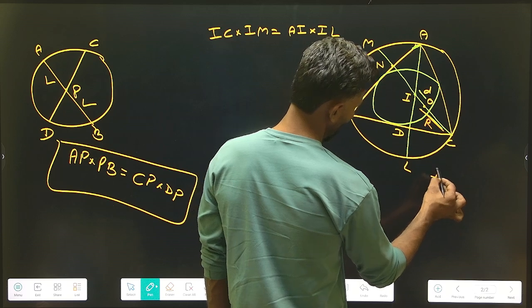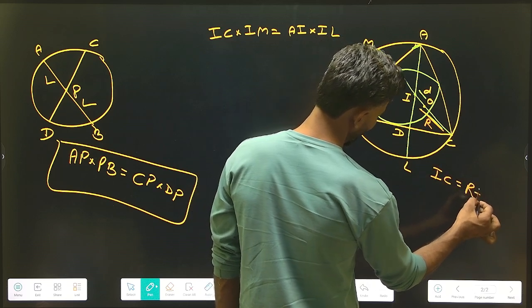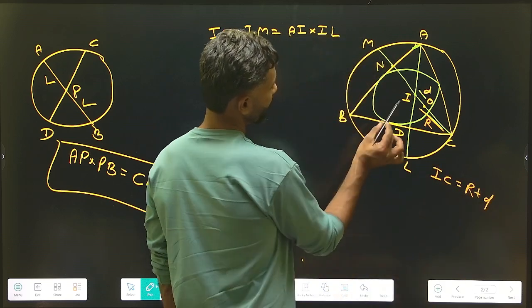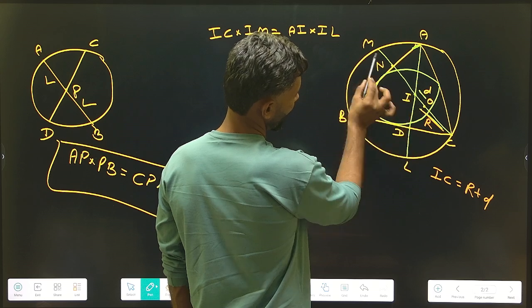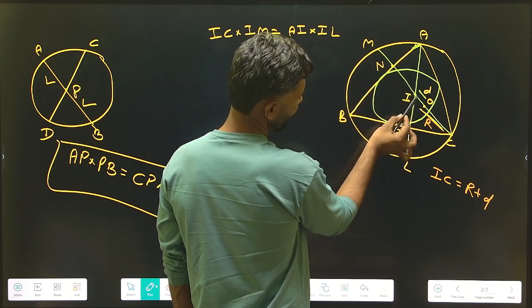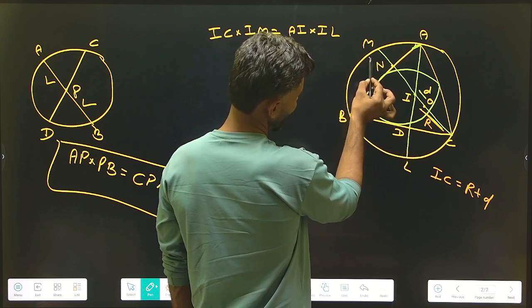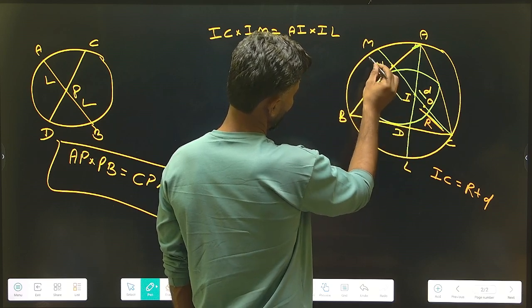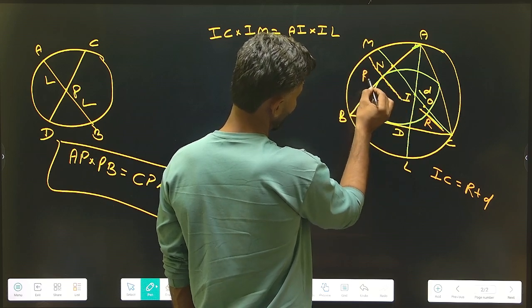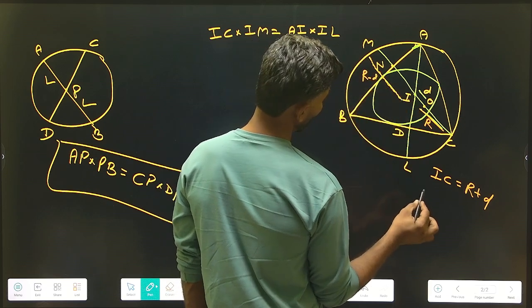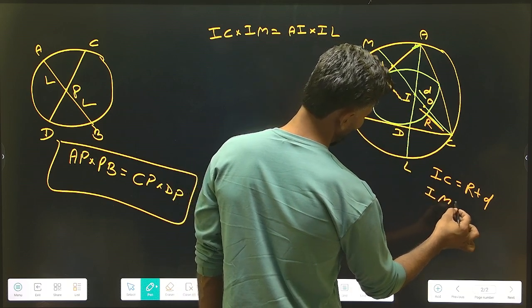In the same way, OM is also capital R, and this distance is d, so IM will be equal to R minus d.